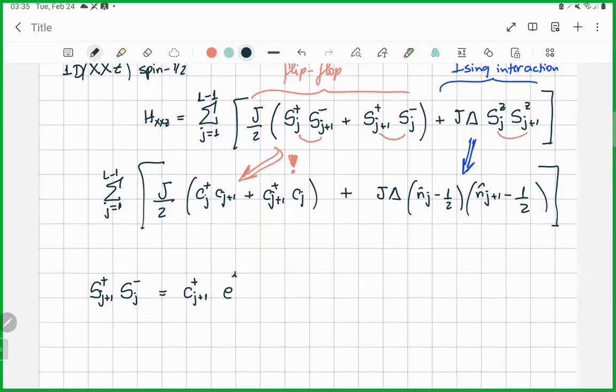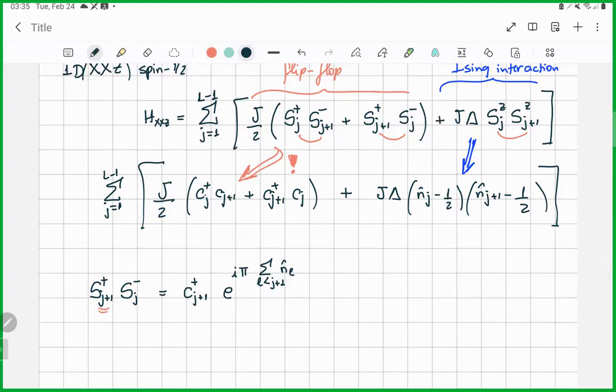So the sum is e to the i pi, and then the number operators, where this l goes up to j, smaller than j plus 1, because here we have j plus 1.